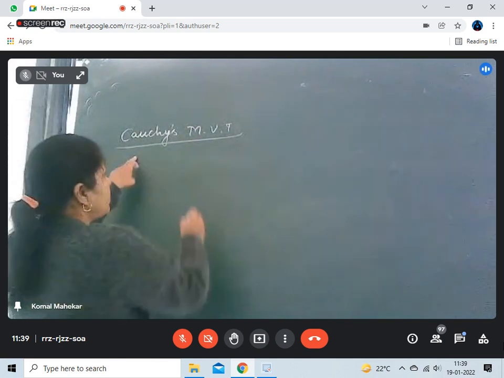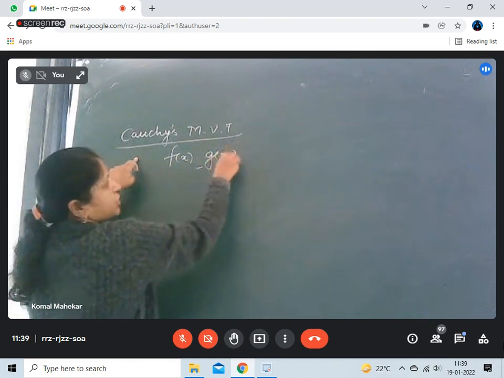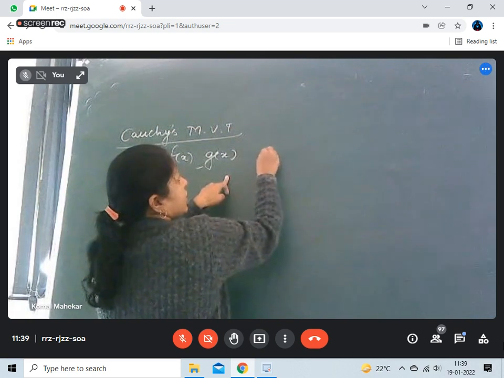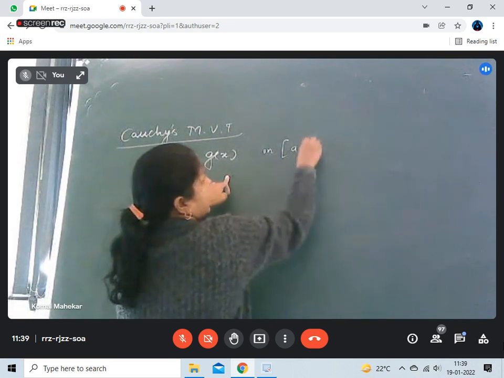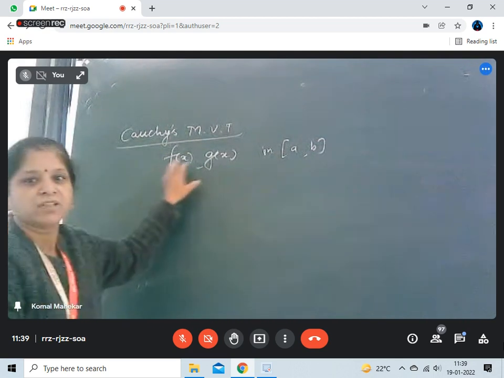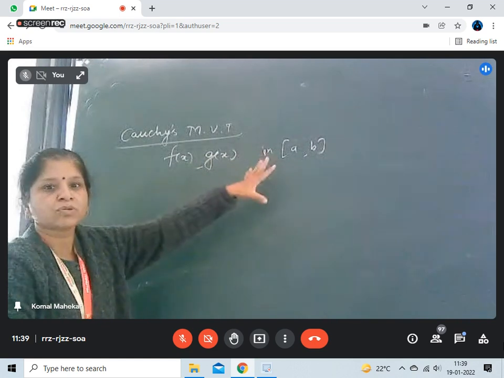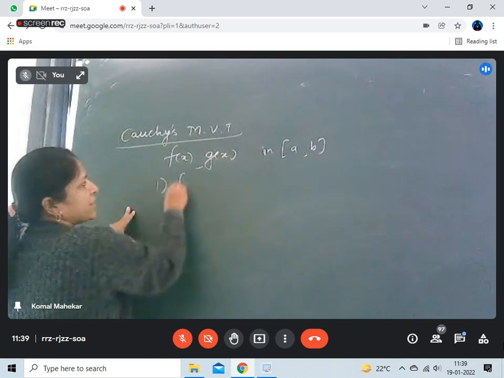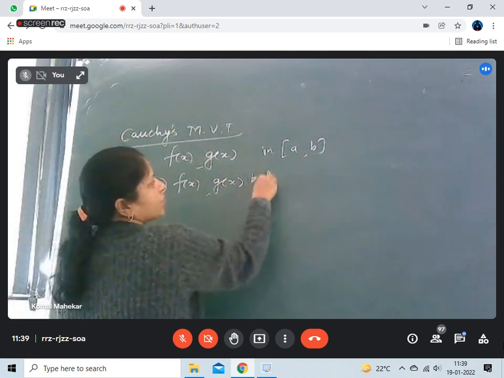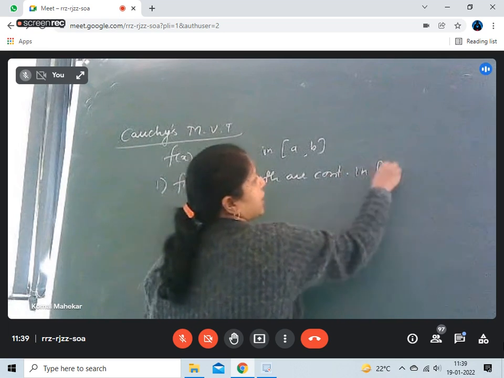Here, let f(x) and g(x) be the two functions defined in the closed interval a to b. The first condition is that f(x) and g(x) both are continuous functions in the closed interval a to b.